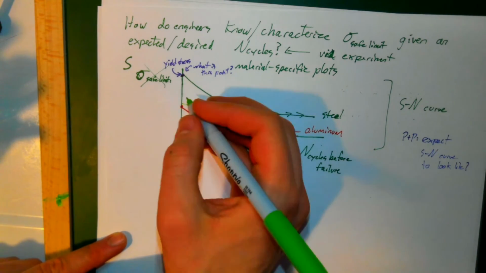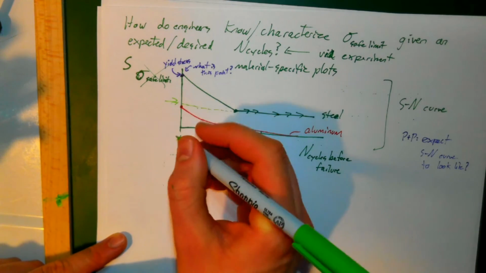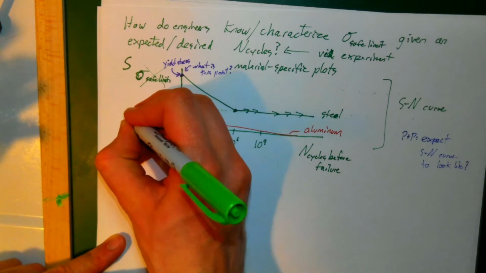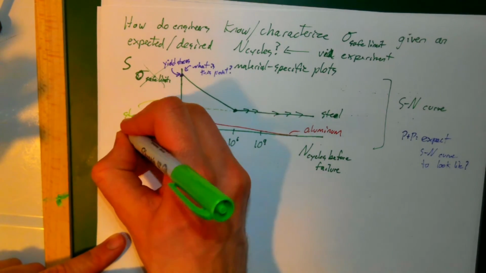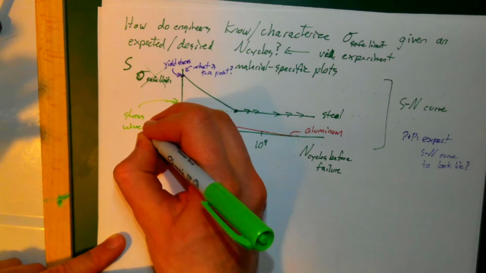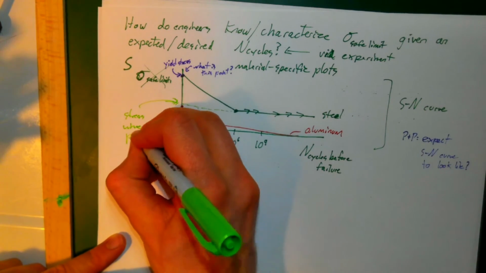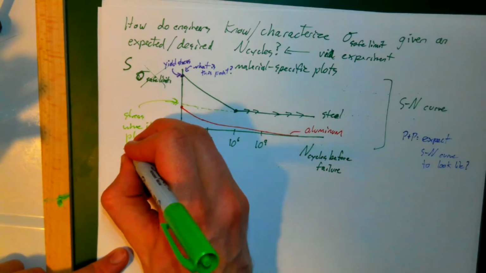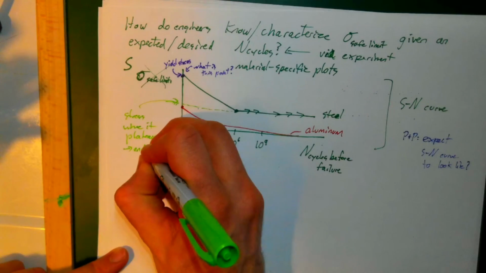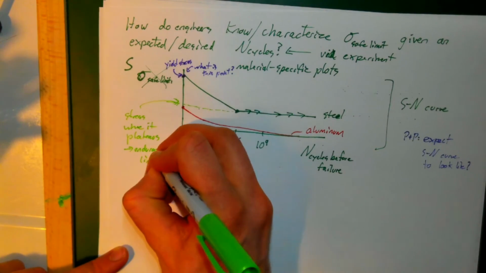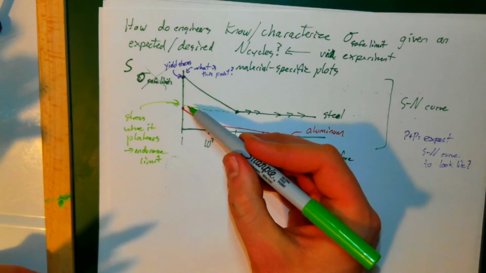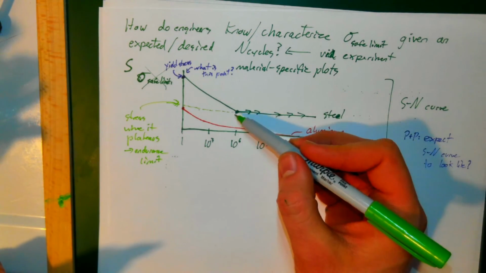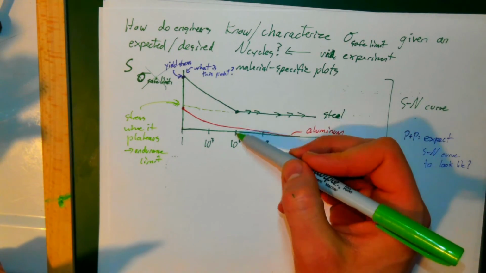And it turns out for steel, we call this point right here, the stress where it plateaus, the endurance limit. And for steel, this happens around 10 to the 6 cycles.